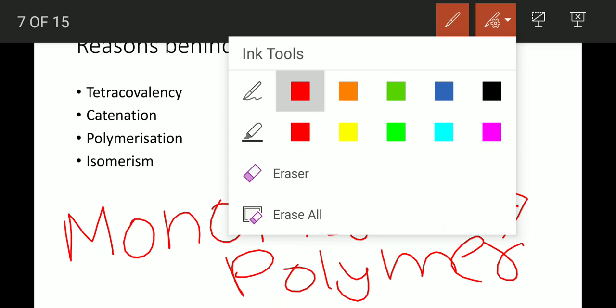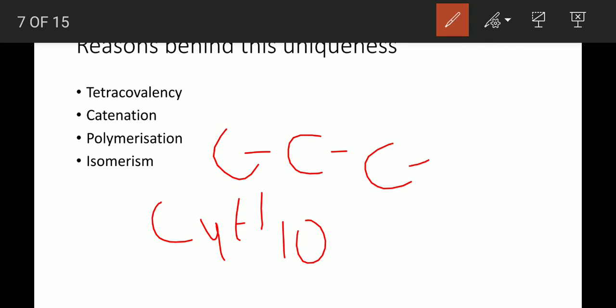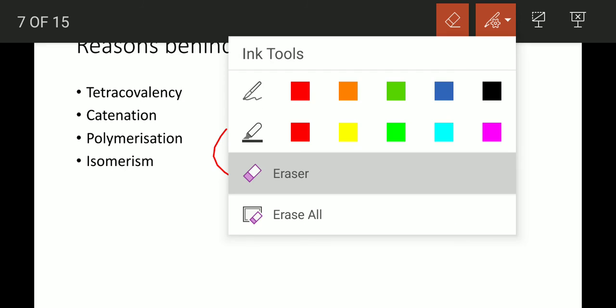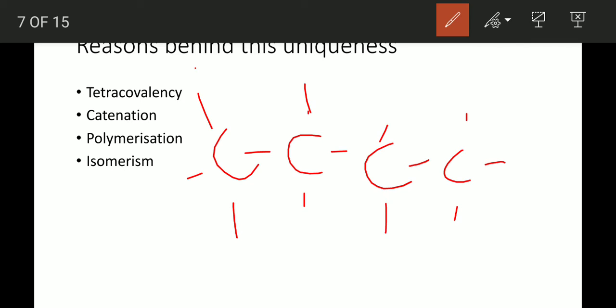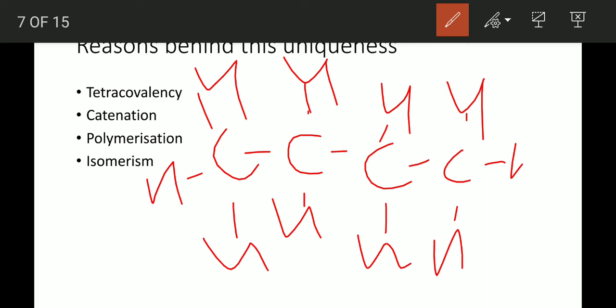Next, isomerism. Isomerism means the compounds have the same formula. Suppose butane, which is C4H10. You can draw its structure something like this, or you can draw its structure something like this also.